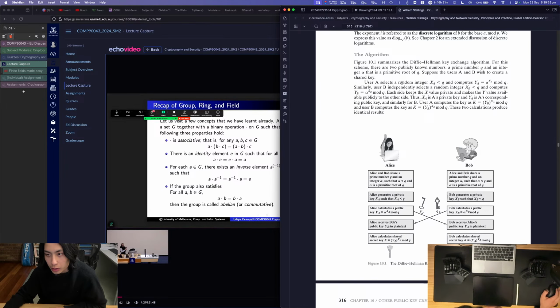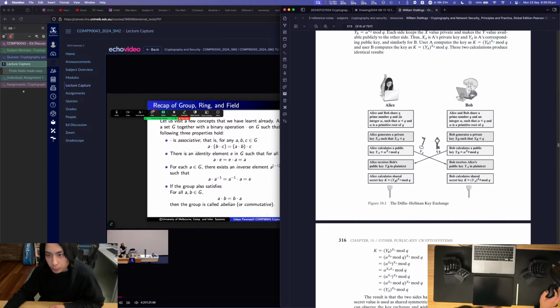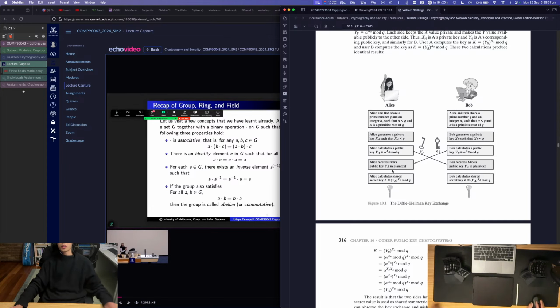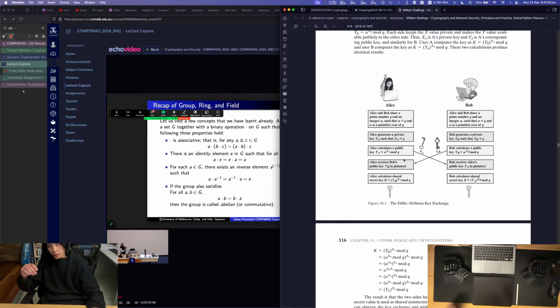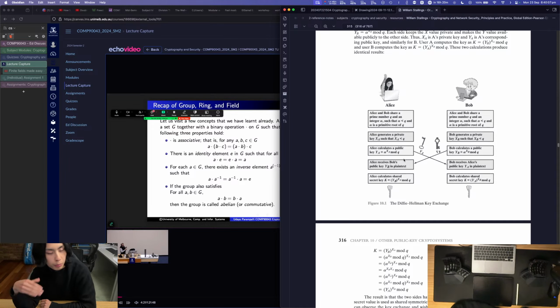Okay, so Alice and Bob share a prime number q and an integer alpha, such that alpha is less than q and alpha is a primitive root of q. Alice generates a private key xa such that xa is less than q. Bob generates a private key xb such that xb is less than q. Alice calculates a public key ya, which is equal to alpha to the xa mod q.